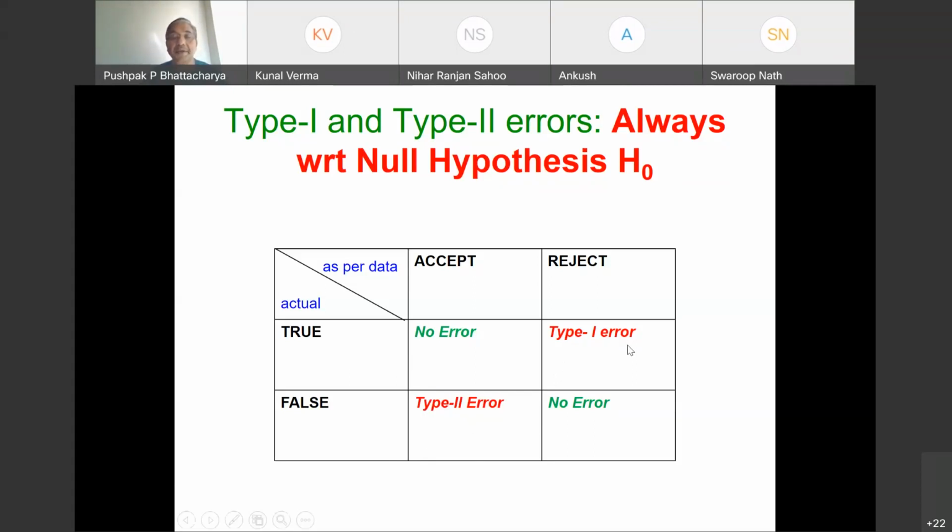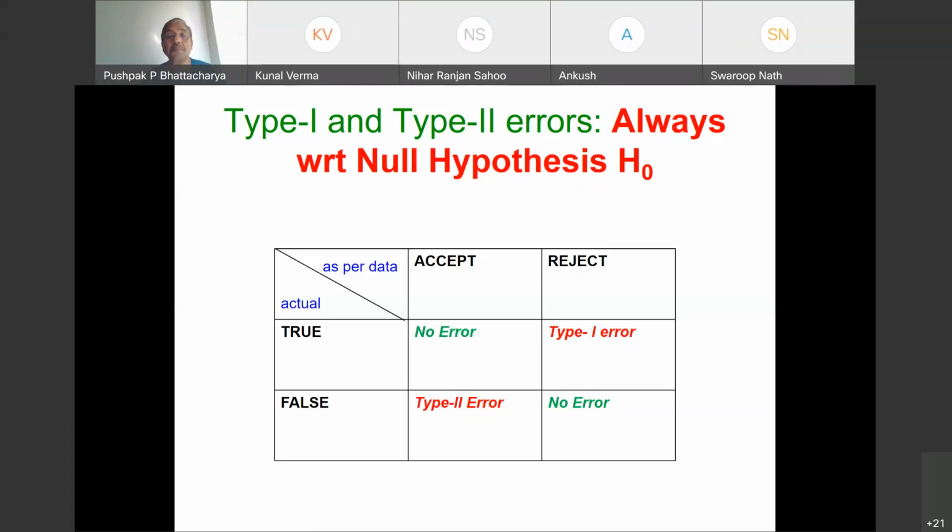So let's proceed. Type 1 error, the hypothesis is actually true, but we are rejecting it. And we'll keep this type 1 and type 2 error in mind. So they, by the way, arise after we have decided the null hypothesis. So everything starts with the null hypothesis.